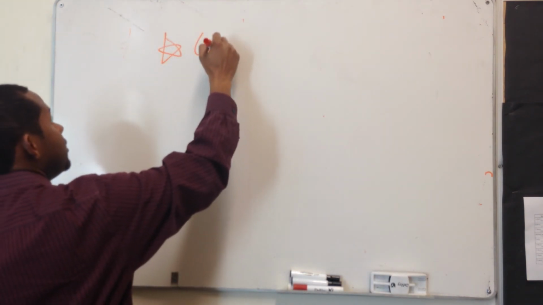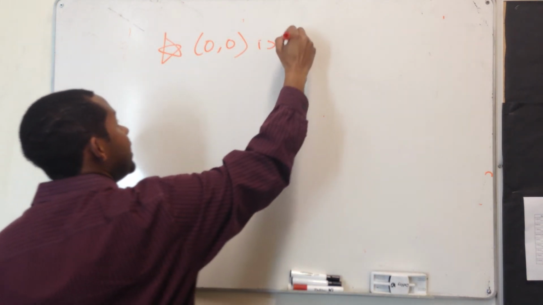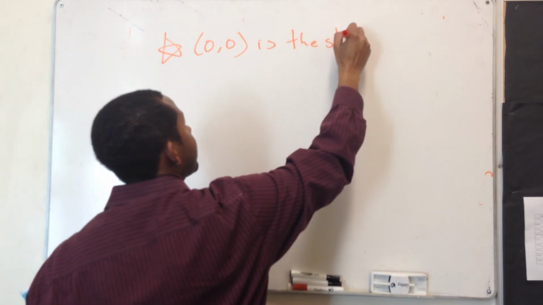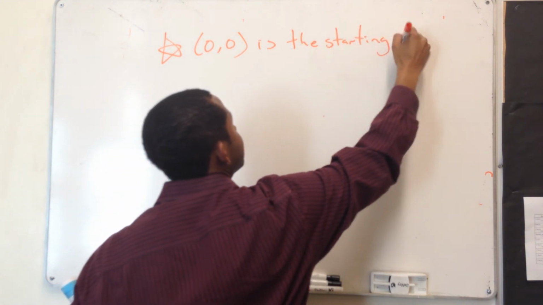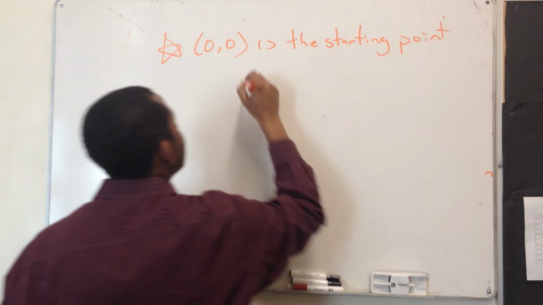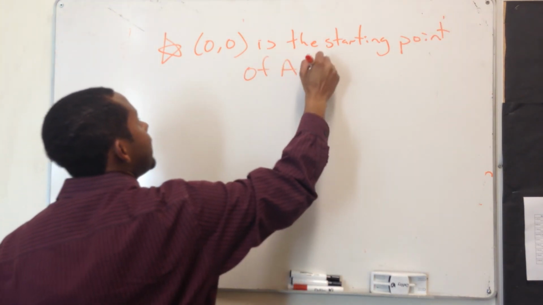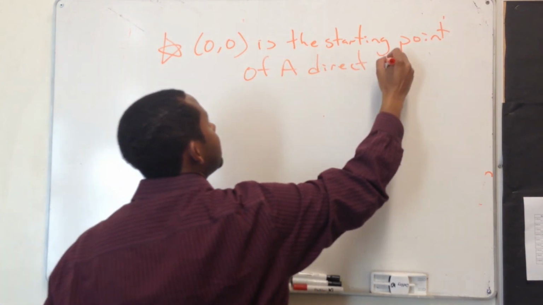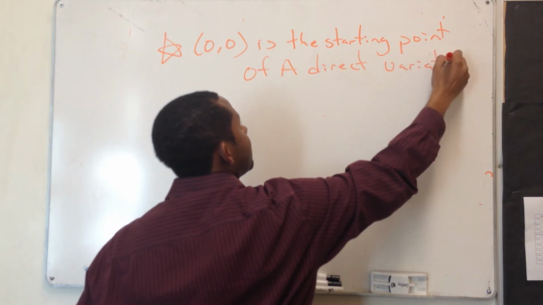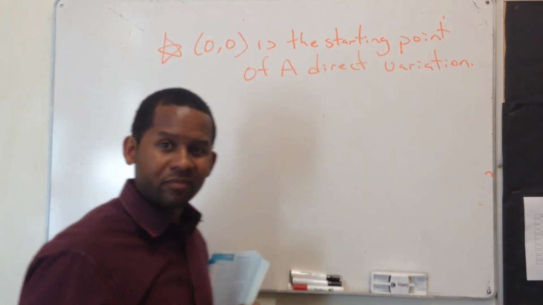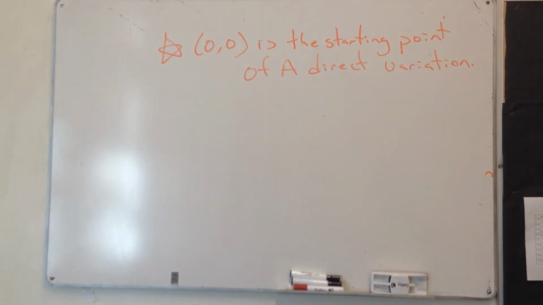So, 0, 0 is the starting point of a direct variation. Okay?